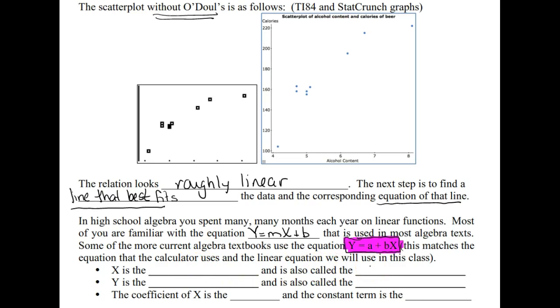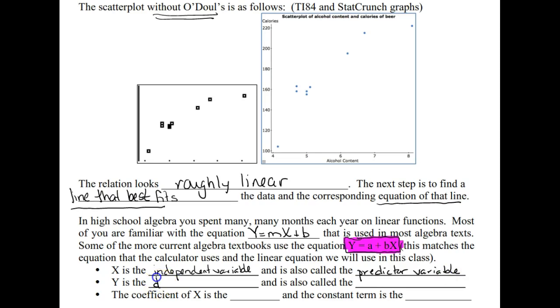Just as in algebra or in a science class, x is what we call the independent variable. In stats, we also call it the predictor variable, because it's going to help us predict some output of y.